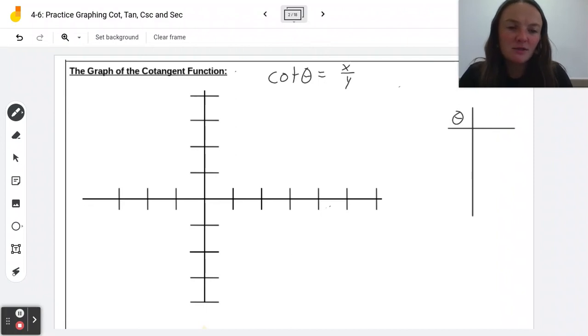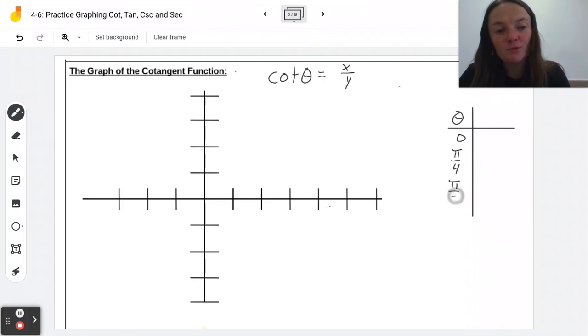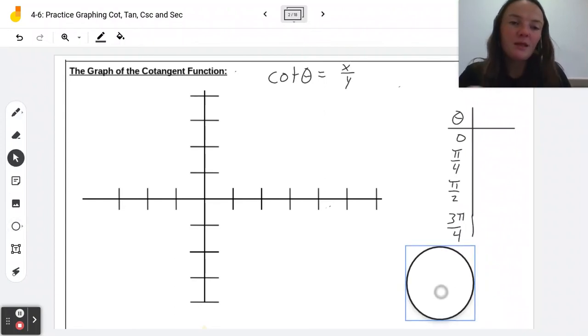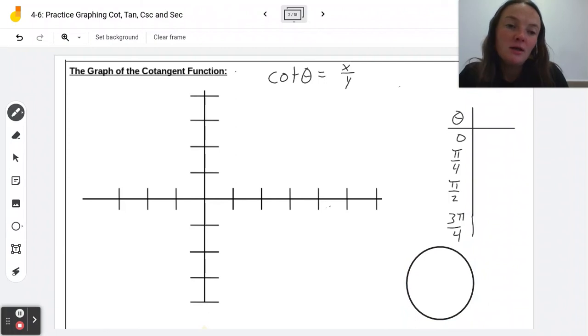We're going to go ahead and do some key values. Let's start with 0. We'll do pi over 4, pi over 2, and maybe we'll do 3 pi over 4. According to my unit circle, which you guys should probably have handy, I want to know what's the cotangent of 0. Cotangent of 0 is basically saying, what is the x over y value at 0.